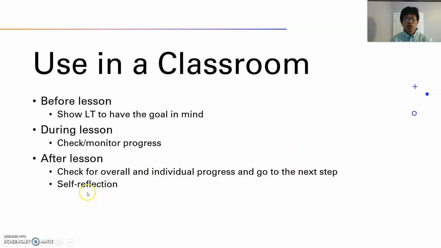And also you can use self-reflection after a lesson. So ask the students, did you get it? If not, what's the portion that you don't understand? You can ask those questions. Or if most of the students are comfortable or confident with the learning target, then you can give an assessment.